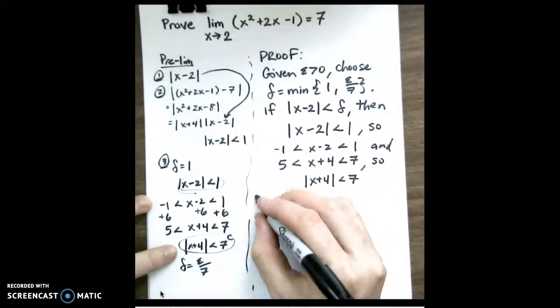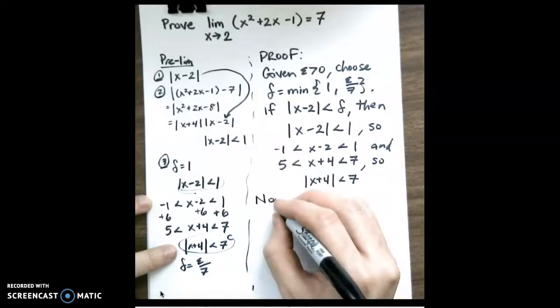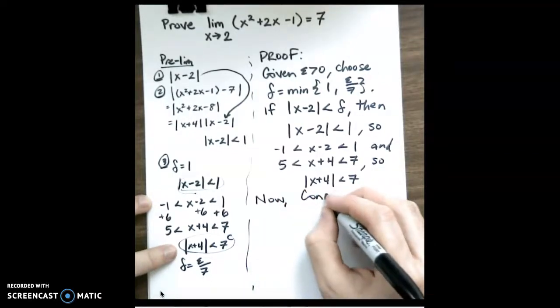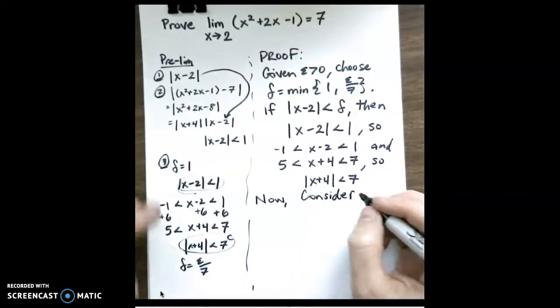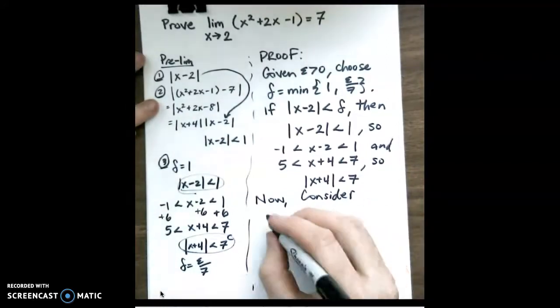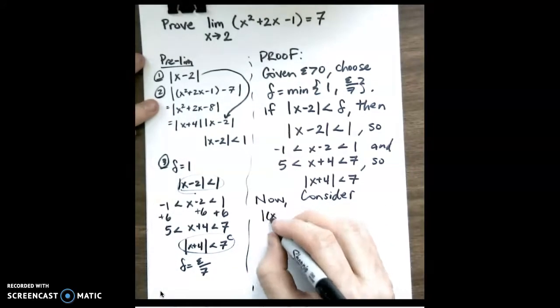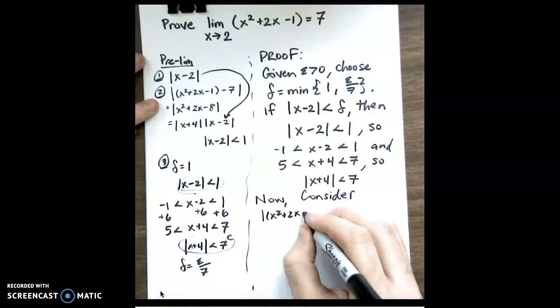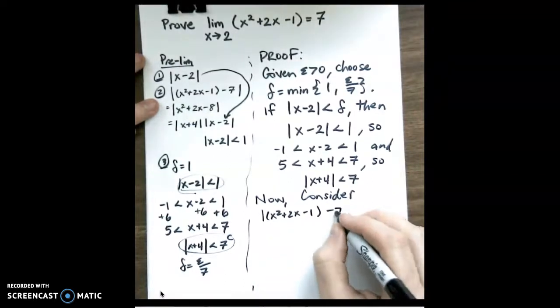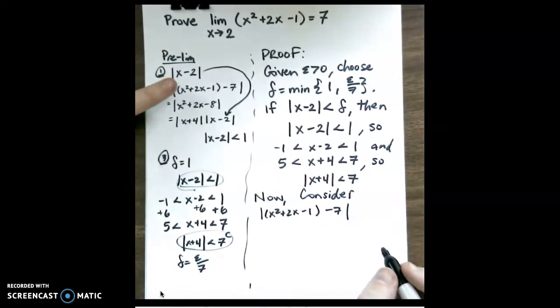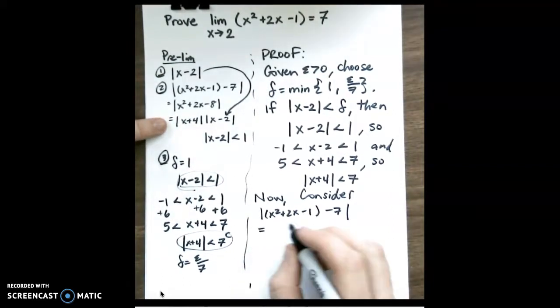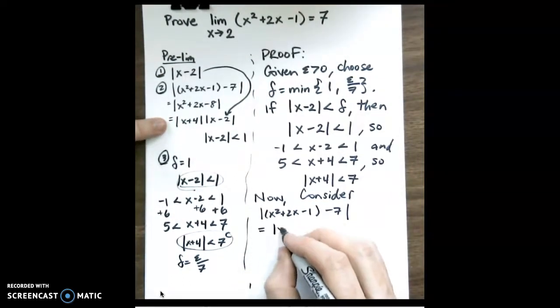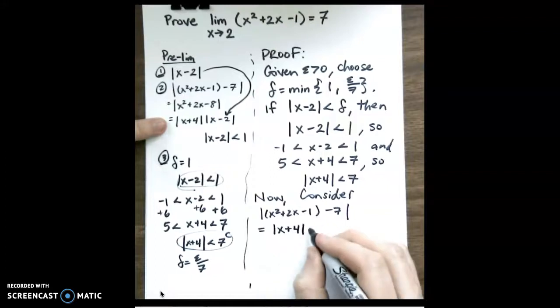Now we're going to consider our then statement. Now consider step 2. And then we can go ahead and show the factored form for the work that we did during the preliminary analysis.